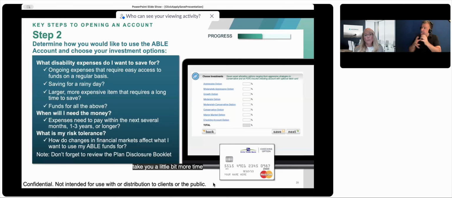The second thing is, when will I need the money? So looking at expenses to determine, are you going to need them short term, maybe 1 to 3 years, or even longer? And then lastly, what is your risk tolerance? So you can see over to the right-hand side that we're showing you a checking account to moderate to aggressive investments. And here's where you just have to keep in mind that what risk you take and what investments is based off of your need.